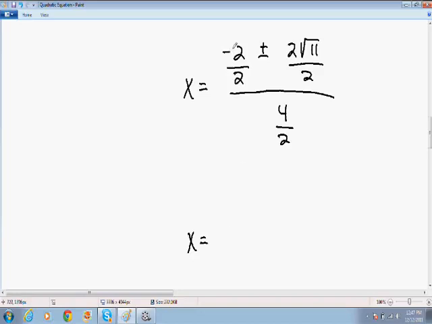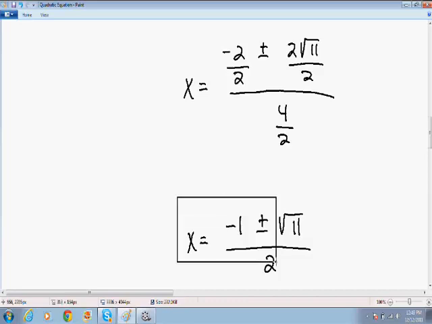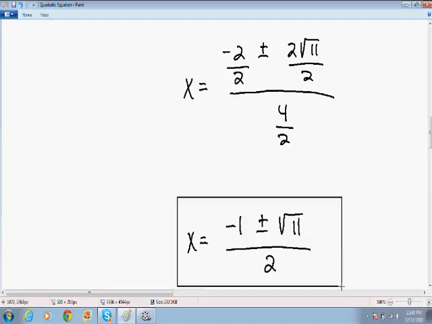Negative 2 divided by 2 is just negative 1, plus or minus 2 square root of 11 divided by 2. If you notice, the 2's cancel out, so that just becomes the square root of 11, all divided by 4 over 2. 4 divided by 2 is just 2. Now this equation cannot be simplified anymore. We have simplified it as much as possible, so this is our final answer.